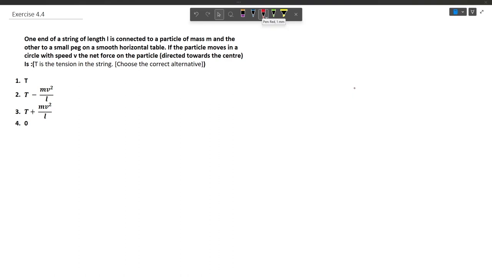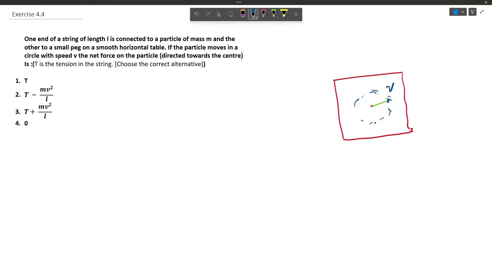So this is the overhead view of the table, and in the middle of the table there is a peg. With the peg attached is a particle of mass m, and it is moving in a circular direction with a constant speed v.